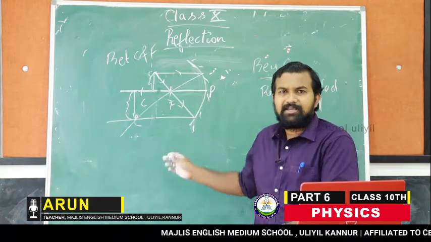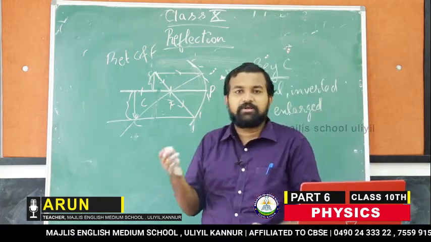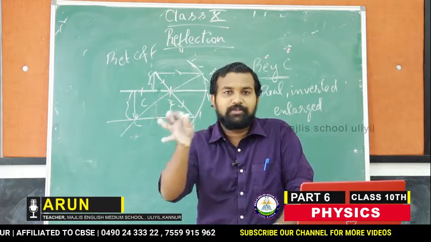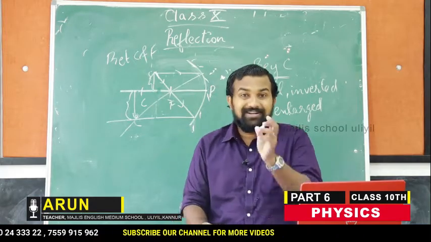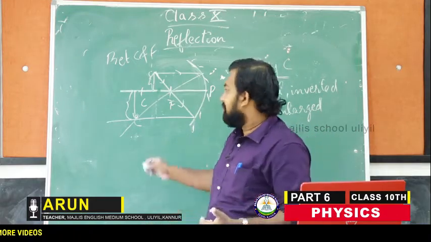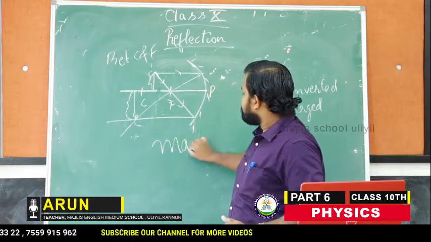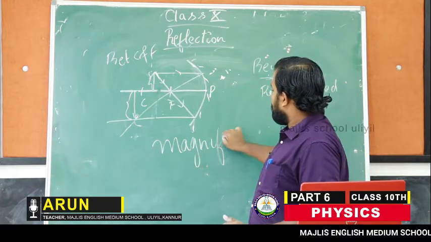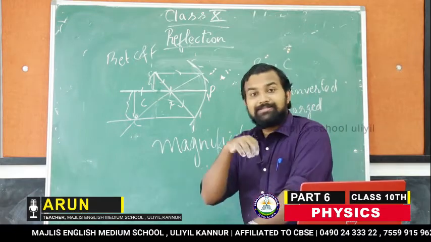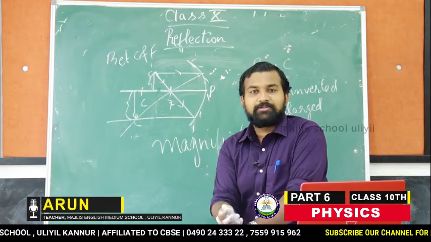Okay. So I am saying from the beginning, from the first case onwards, we are studying the relationship between the size of the image and the size of the object. This relationship we will call by a name, and that name is magnification. How much magnified is the image with respect to the object?